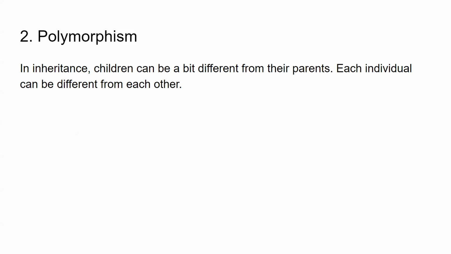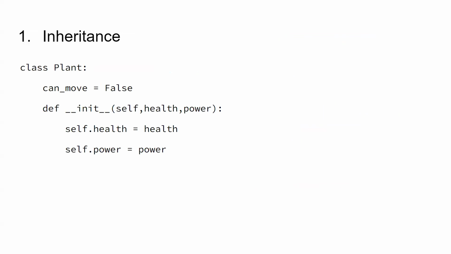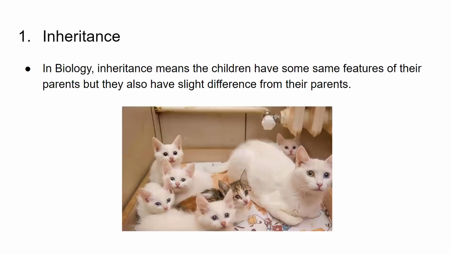For example, remember the cat photo, we have a cat that is different from his mother. For example, this cat has not just white, but other colors like gray, brown, and other stuff.